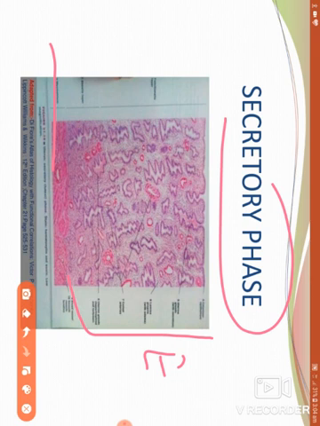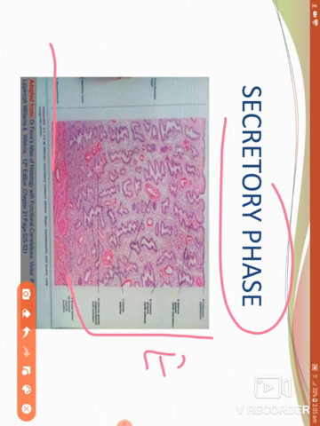The stratum basalis remains intact. After the menstrual phase, the stratum basalis starts transforming into the functional layer. The functional layer increases in thickness, and the total endometrial thickness increases in the secretory phase. Then going into the menstrual phase, there will be shedding of the stratum functionalis.